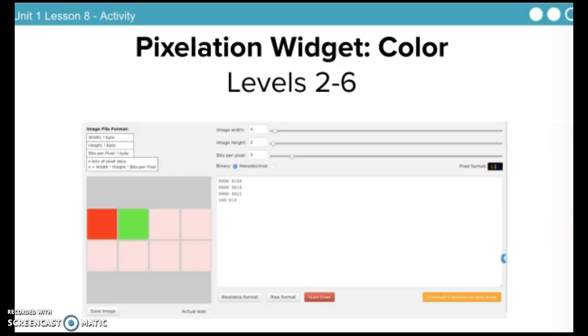And the more numbers we can represent, the more color variation we can have, because every single color in the world of computers has a different number assigned to it. So you need very large numbers when you're thinking of colors, because there are so many colors, so therefore you need so many bits.